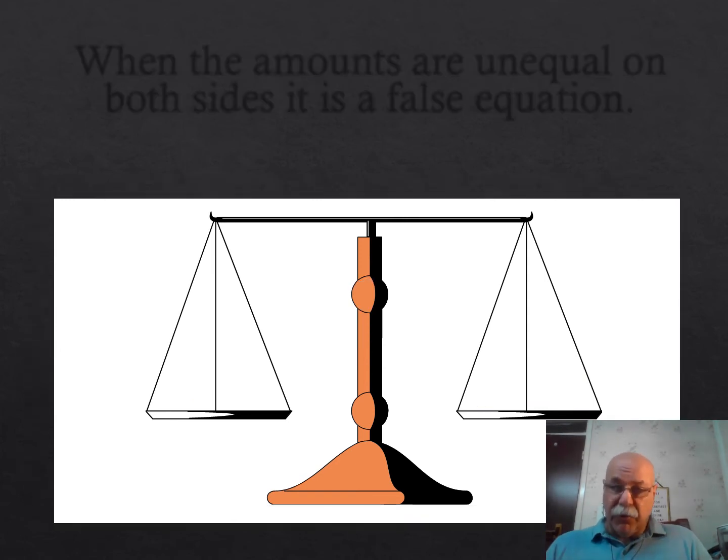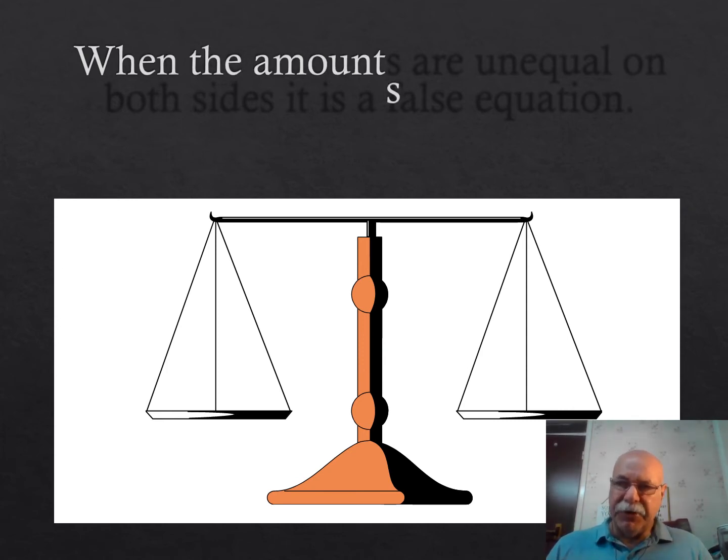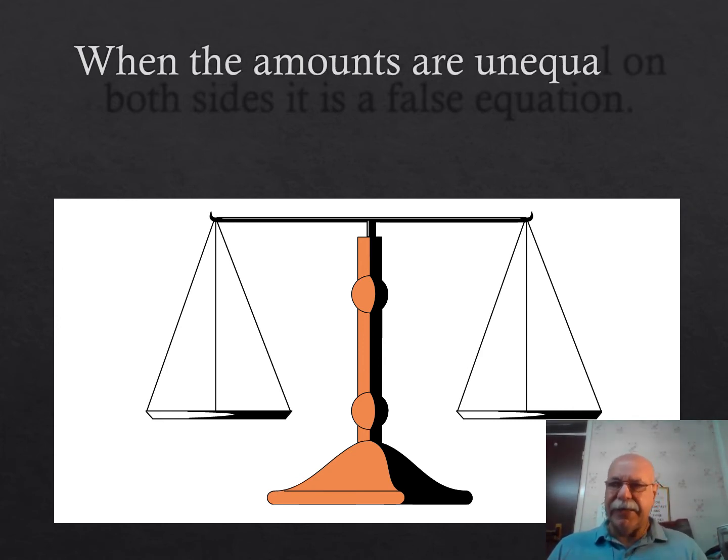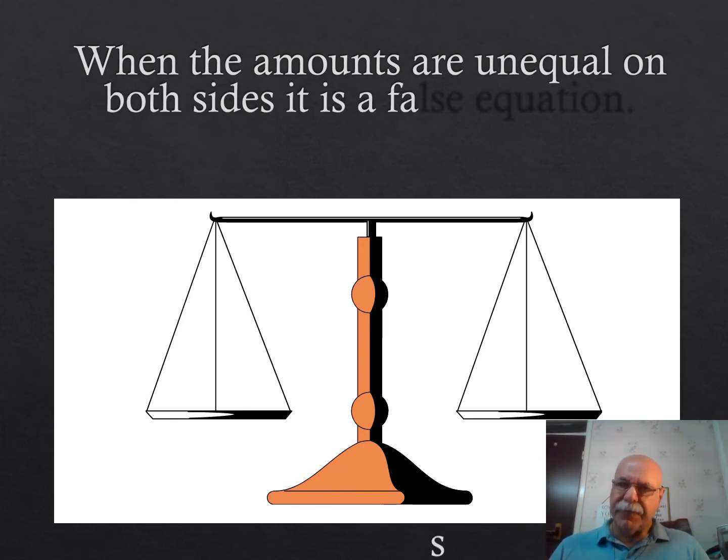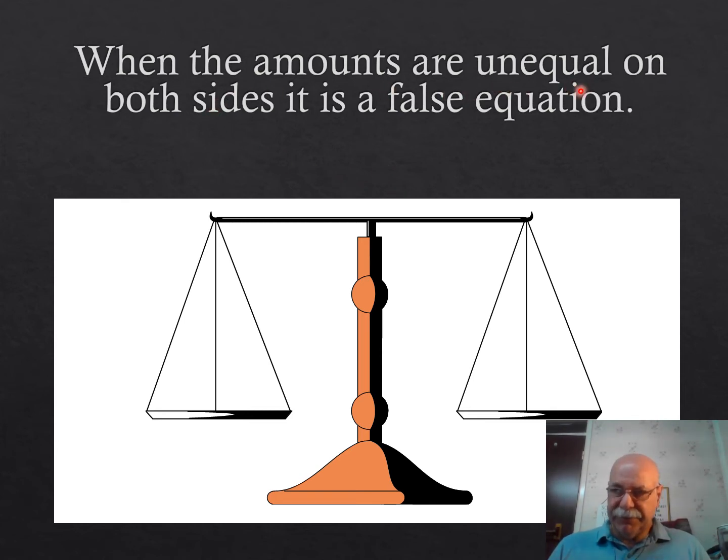Another type of equation. In this slide we will learn the second type. It says that when the amounts are unequal, not equal on both sides, it is a false equation.